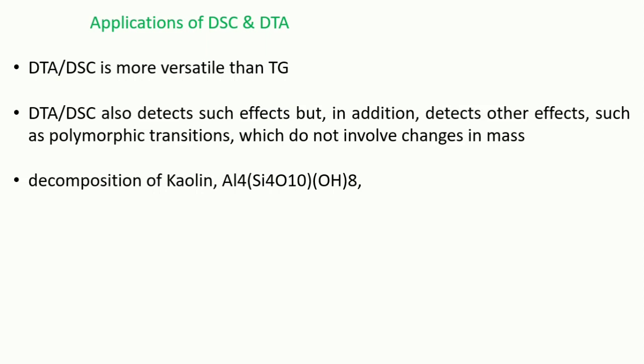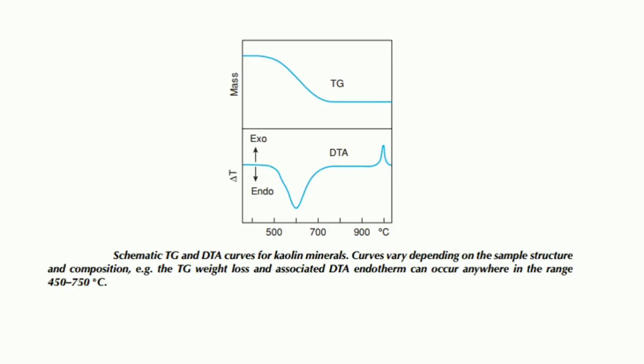An example is the decomposition of kaolin, which is Al4Si4O10(OH)8, and shown in the figure. By TG, a change in mass occurs at about 500 to 600 degrees Celsius, which corresponds to the dehydration of the sample.